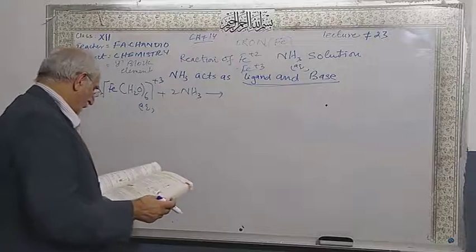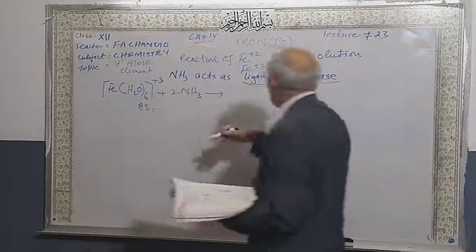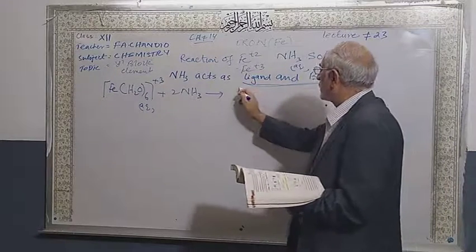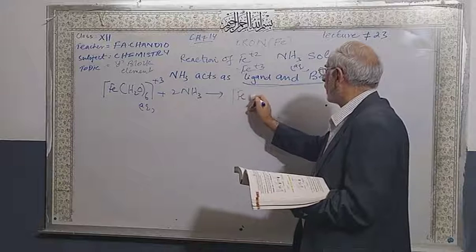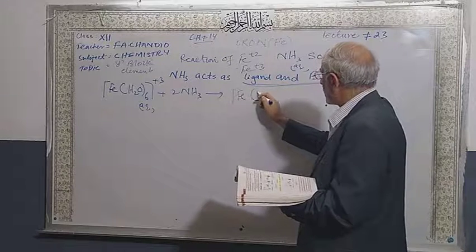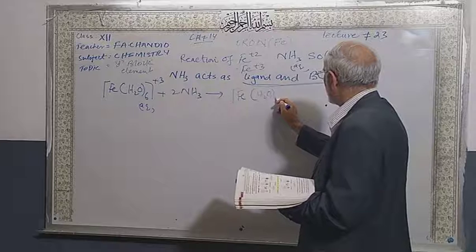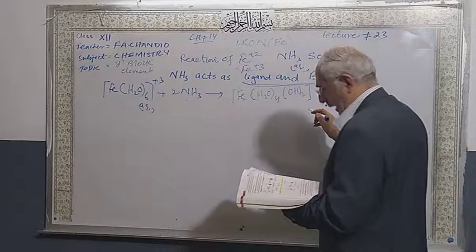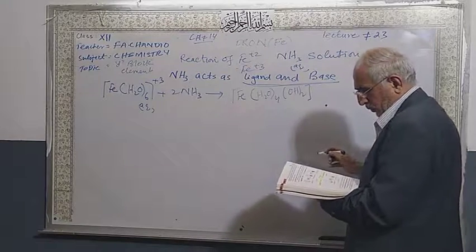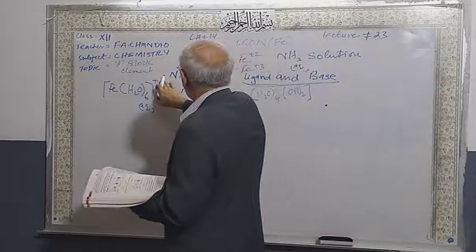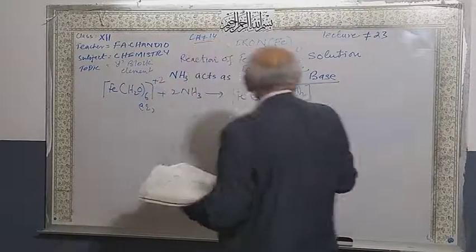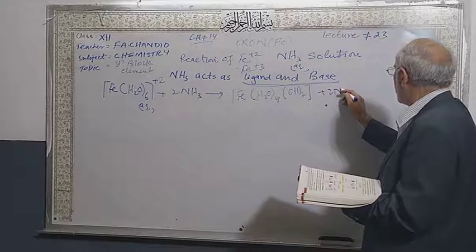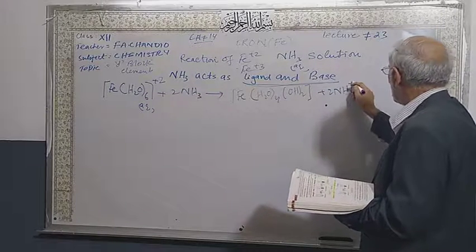So what you will get is the same product, no difference, as you got with the hydroxide: tetra aqua dihydroxo iron 2. This is the iron 2 first, then I will write iron 3. So this is the neutral complex, with the ammonia changing into ammonium.